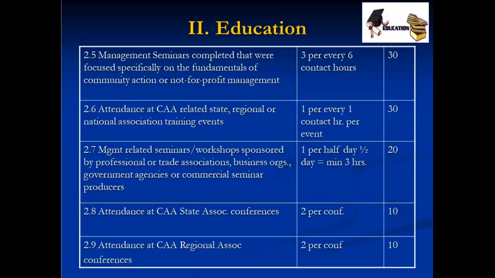2.7 is reserved for those kinds of training that are provided by trade associations, business organizations, government organizations that are not community action related. So there might be government organizations like your state, a licensing organization. Like, for example, I'm a licensed mental health counselor in the state of Florida, and there are certain required courses I have to take to renew my licensure, which is coming up in March of 2021. That's an example that has nothing to do with community action.